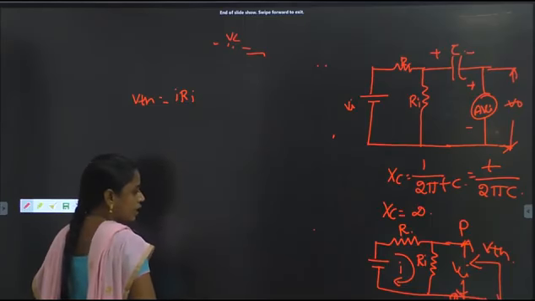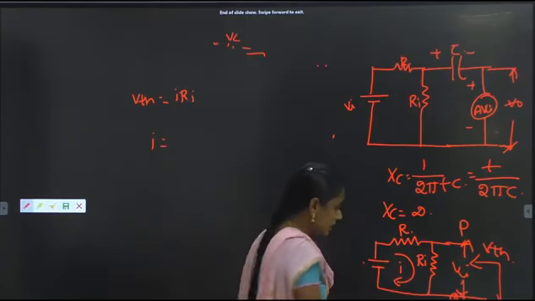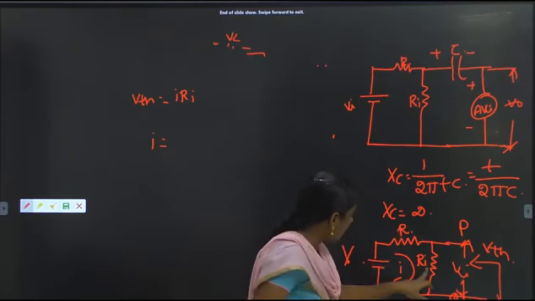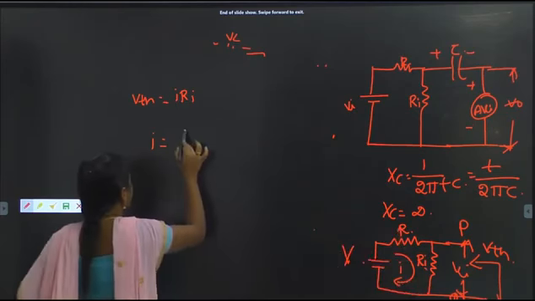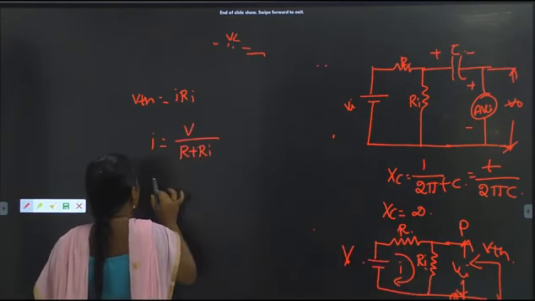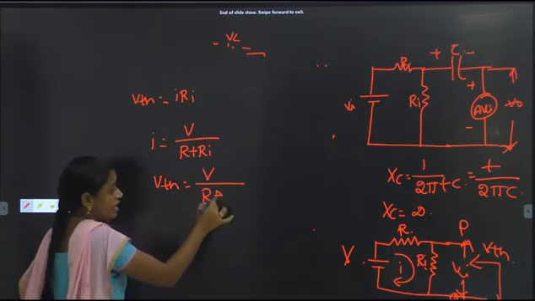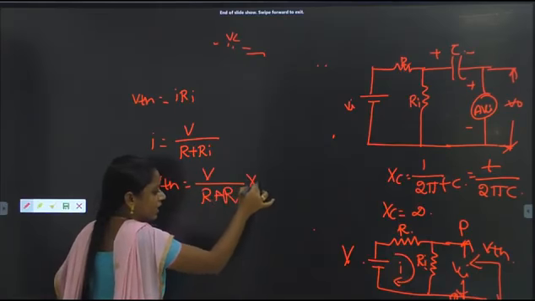What is the I? It starts here, that is V by R plus Ri. So V Thevenin is equal to V by R plus Ri into Ri.